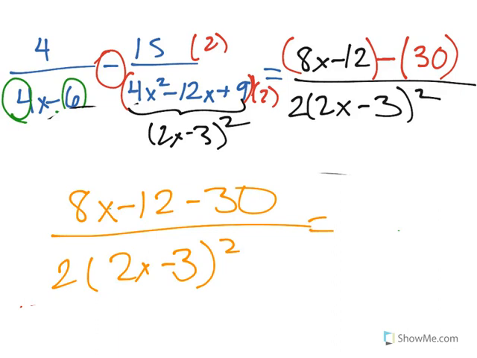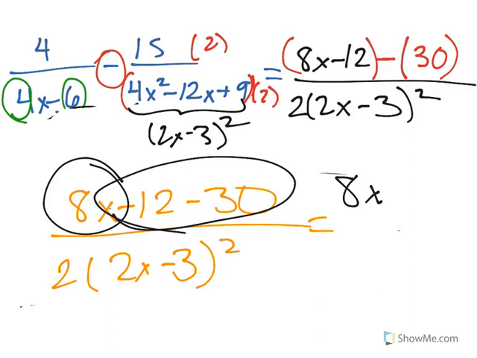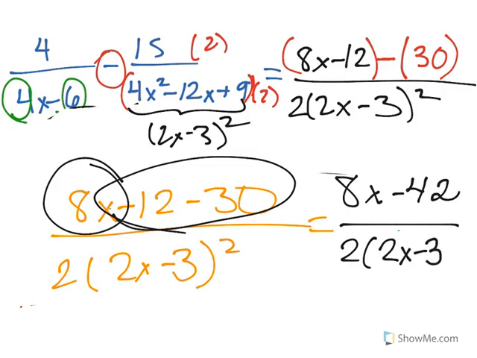In this case, we have no other x to combine 8x with, so 8x. And now we just combine the constant terms, so negative 12 minus 30, that's negative 42, over our LCM, 2 times 2x minus 3 squared.